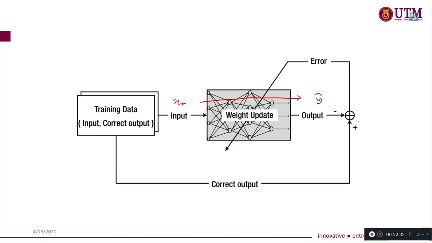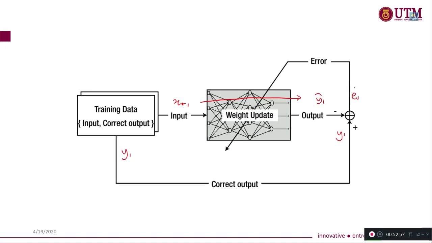Then you compare your Y hat with your Y. Let's say this is the first sample, and this is the predicted output for the first sample. You compare it with this one, this is your Y1. This is where you find your E1.